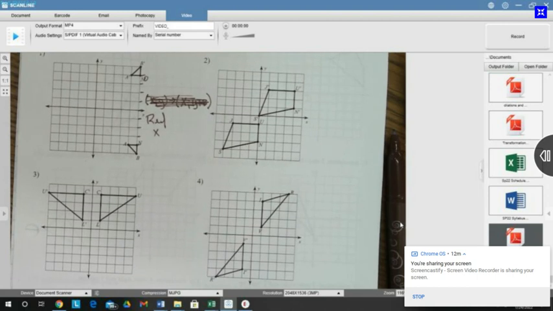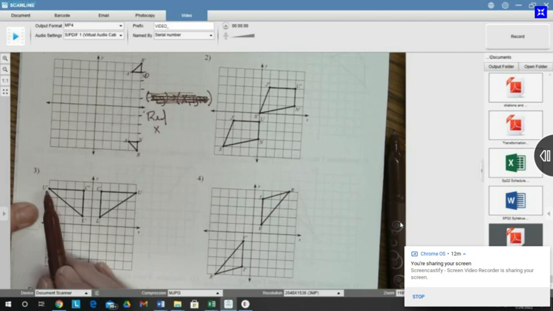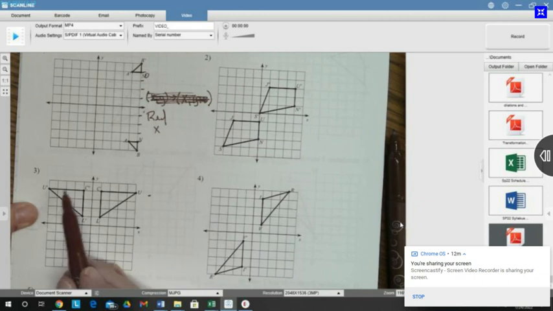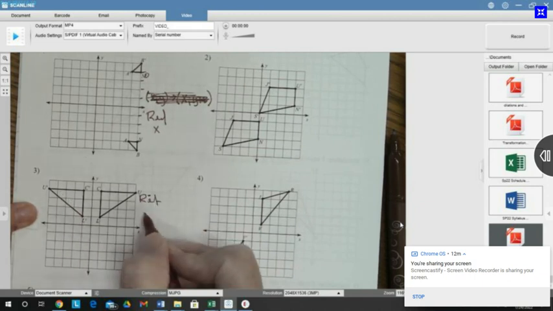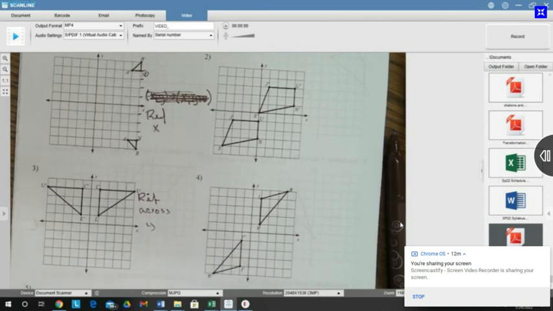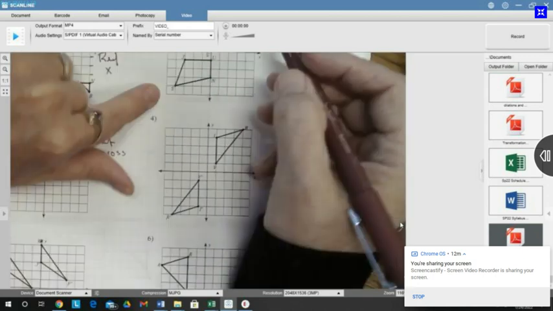If I see number 3, U went to U prime, again, it was on the right, now it's on the left, so that's a reflection across y. All right, look at number 2.